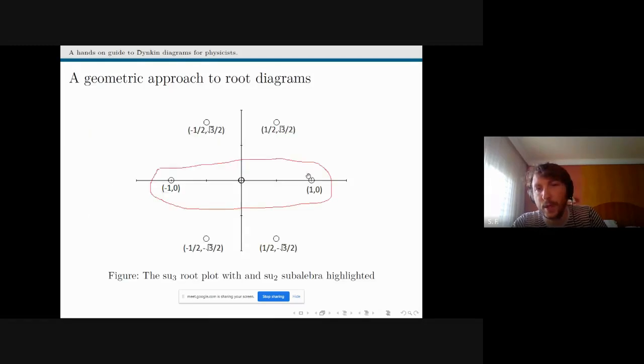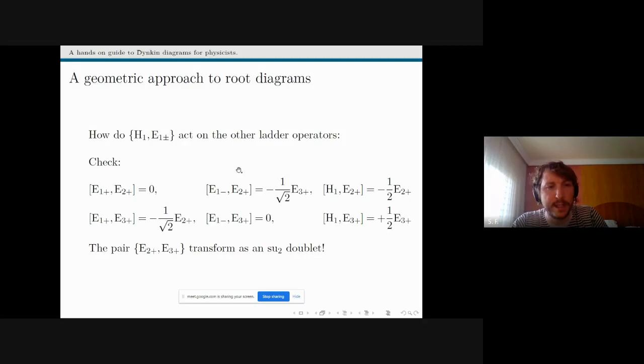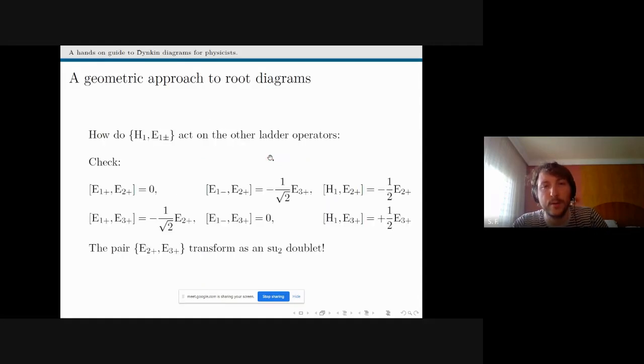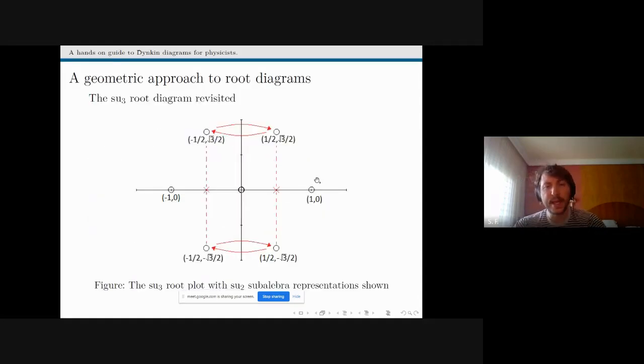So for example, the basis element associated to this root here is E1 plus, and we can ask how it acts on, say, E3 plus, maps it to E2 plus. But I promise you we're not going to do too much more in the way of algebra, so I'll just give you the answer. And the answer is the following.